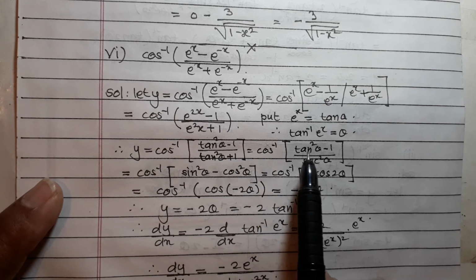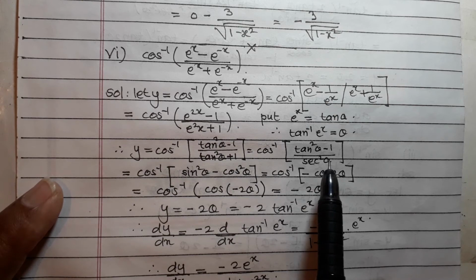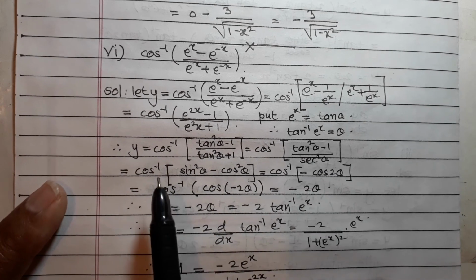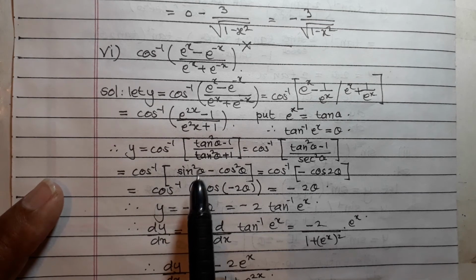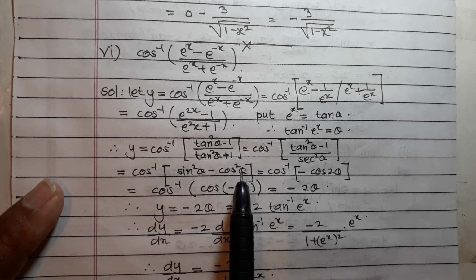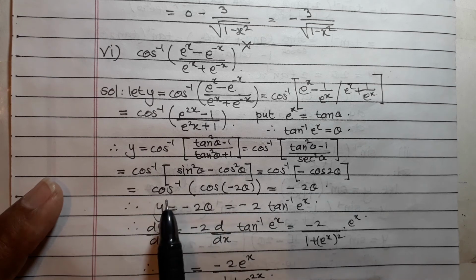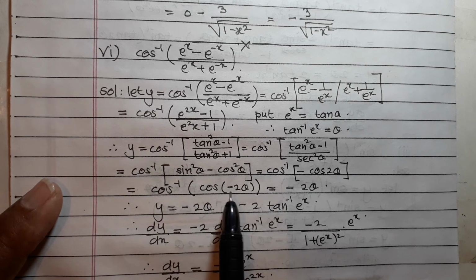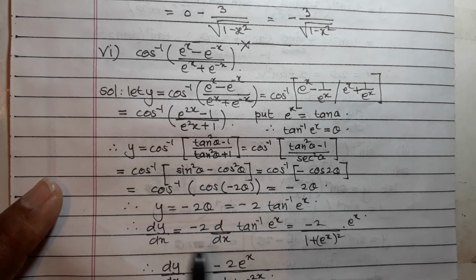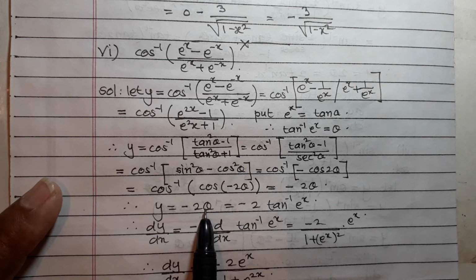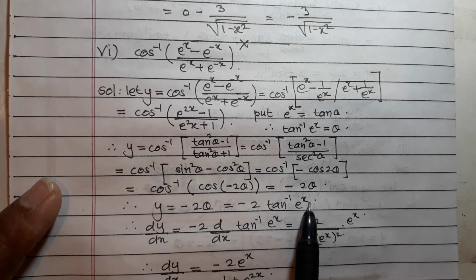So it is equal to (tan square theta minus 1) upon sec square theta, and this is equal to cos inverse of (sin square theta minus cos square theta), and this is cos inverse of minus cos 2 theta, and therefore y is equal to minus 2 theta. So y is equal to minus 2 tan inverse e raised to x.